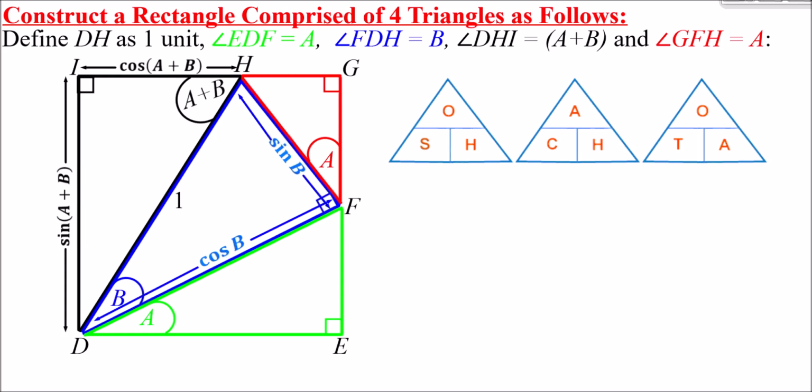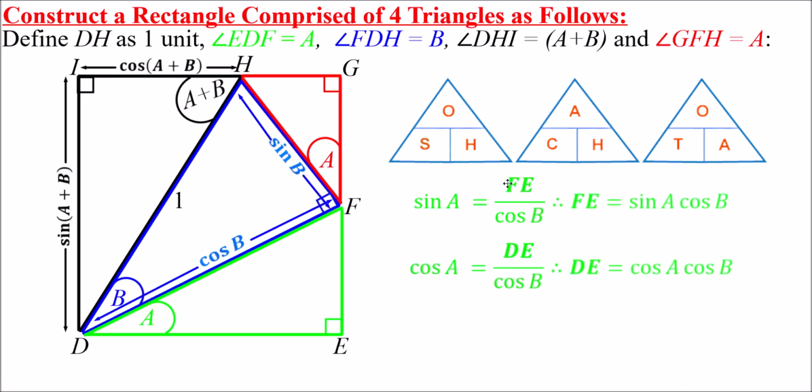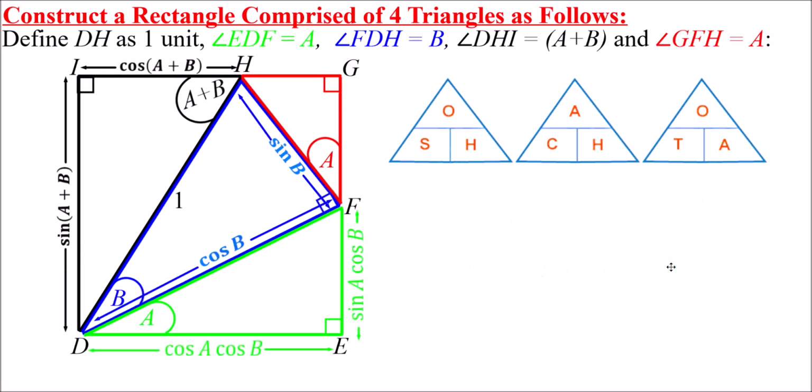So using that, we can say that sine of A is the opposite, FE over cos B, and that cosine of A will be the adjacent, DE over cos B. So if we arrange both of these, FE is going to be sine A times cosine B, and side DE is cosine A times cosine B. So again, we can just label those on our diagram as well.